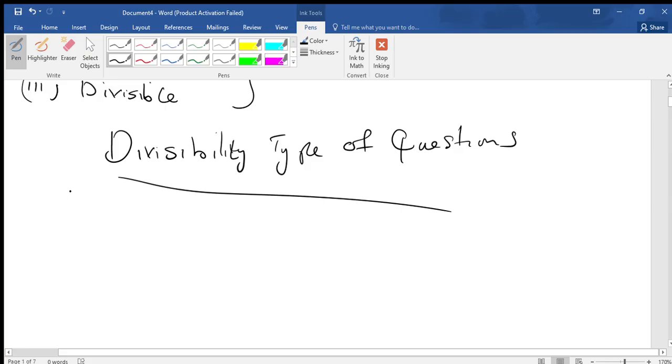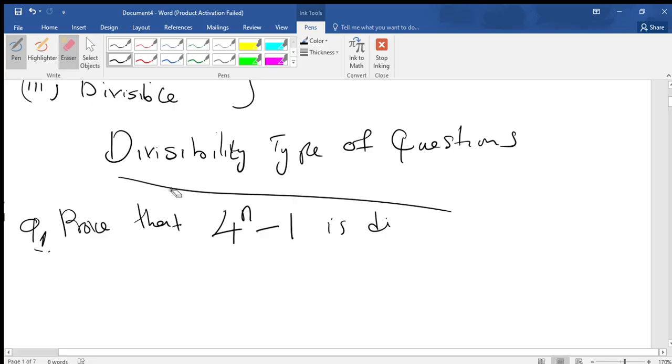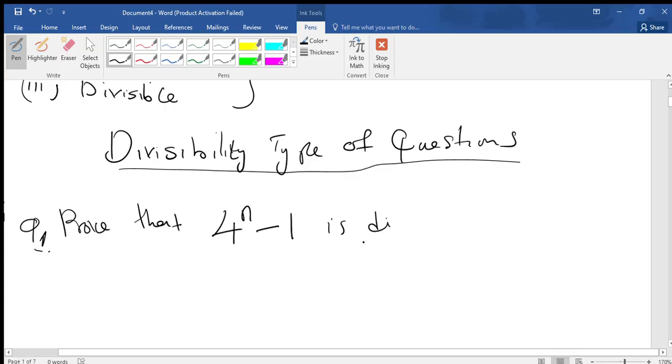So number one, we'll look at the first example. The first example will be: prove that 4 power n minus 1 is divisible by 3.